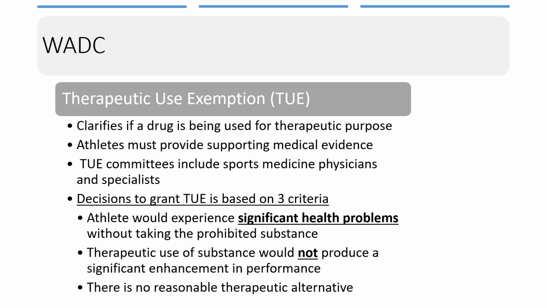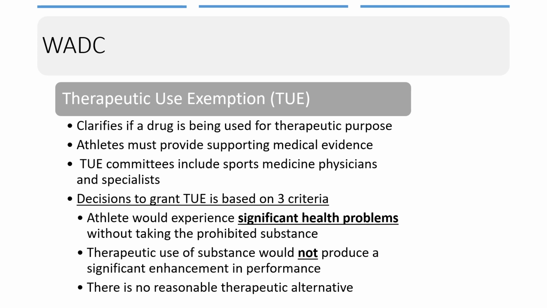These committees evaluate these applications against three fundamental criteria. First, it is assessed whether the athlete's health would be significantly compromised without the prohibited substance. Second, the therapeutic use of the substance is examined to determine if it would yield a substantial enhancement in performance.